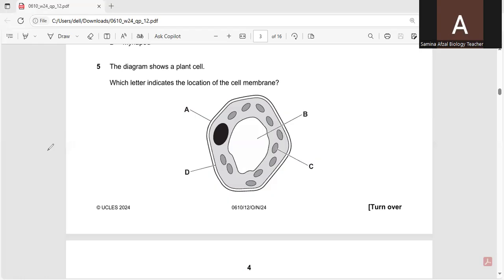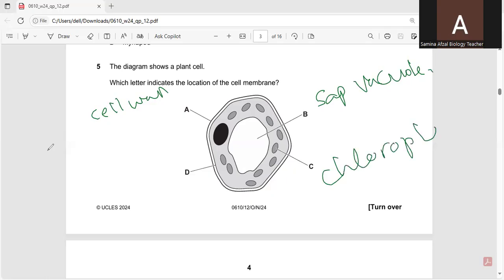So according to this information, A is cell wall, B is sap vacuole, C is chloroplast, and D is cell membrane. So D is the correct option.